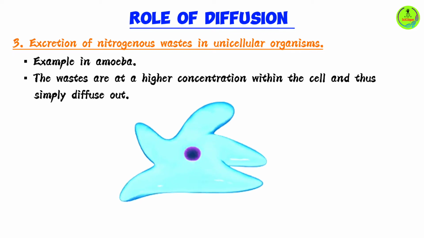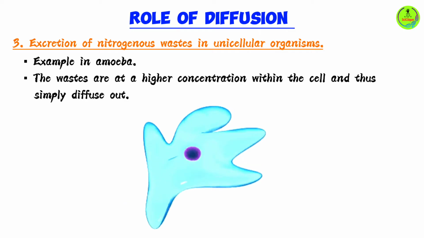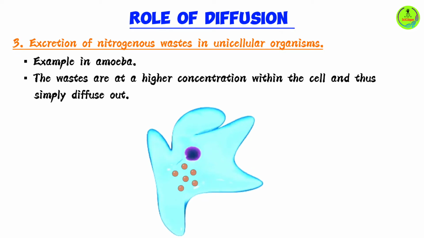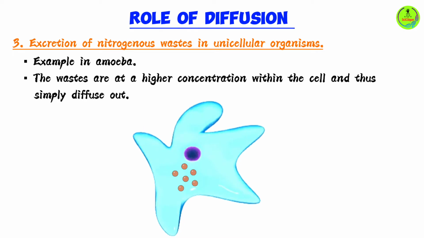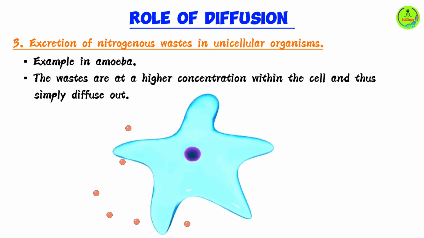We have ammonia, we also have urea. For example, in mammals, our urine contains urea. In the case of unicellular organisms, they can get rid of their waste products simply by diffusion. The waste products are at a higher concentration within the cell than in the surrounding. So what happens next? They simply diffuse out of the cell and into the surrounding.